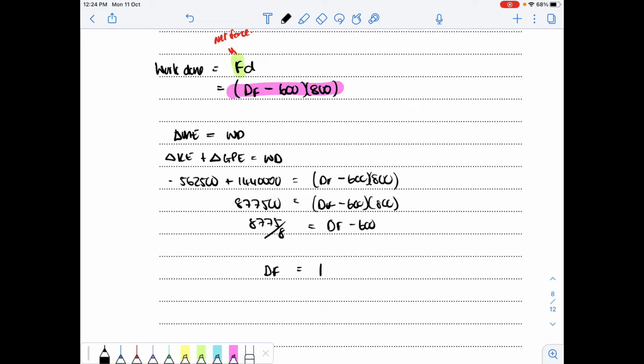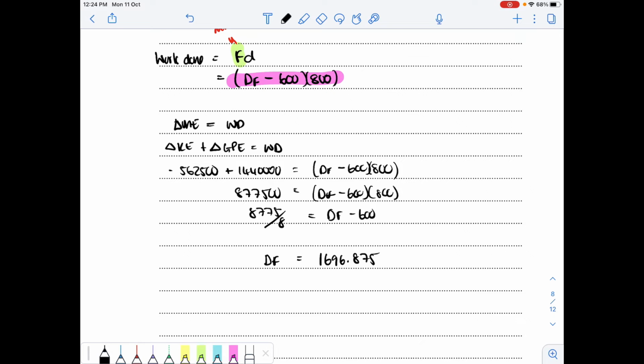We're going to get 1696.875. So we need to round to three significant figures. So we will get 1,700 newtons as the driving force.